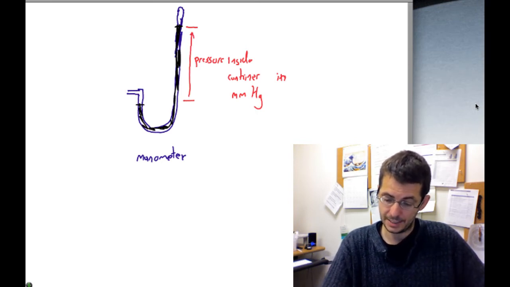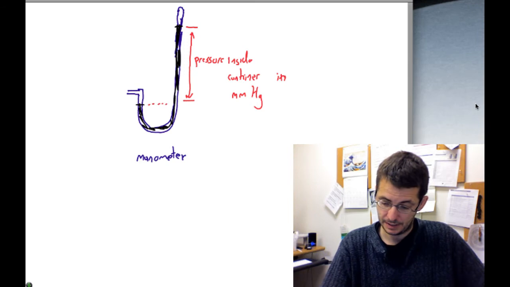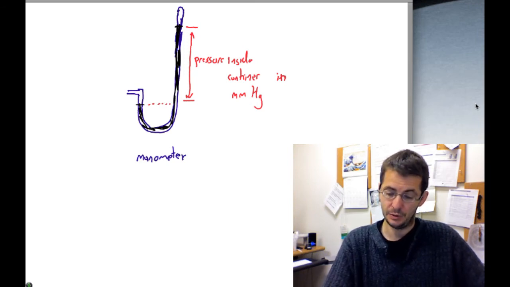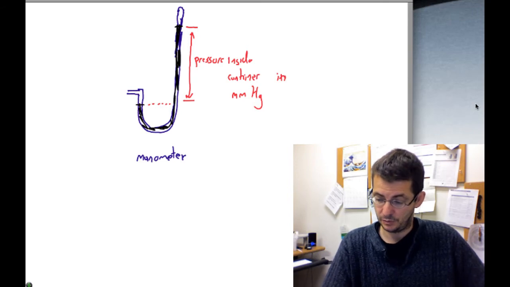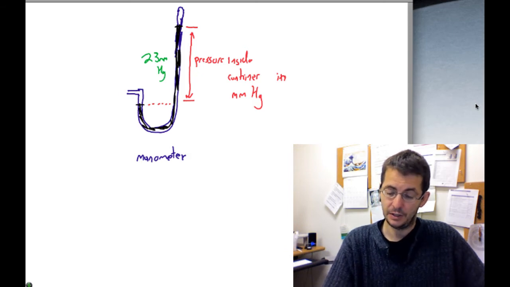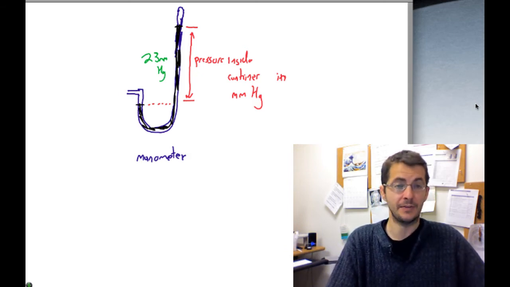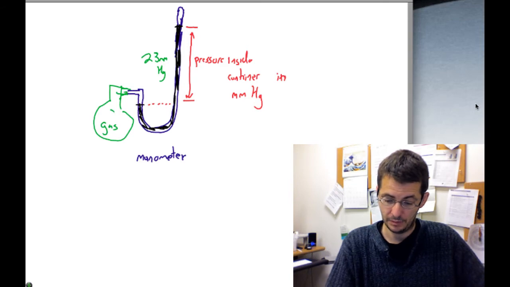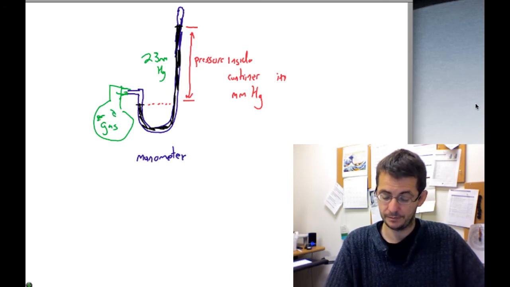So if this was 23 millimeters of mercury high, this would represent that the pressure inside the flask that it was connected to would be exerting a positive 23 millimeters of mercury pressure.